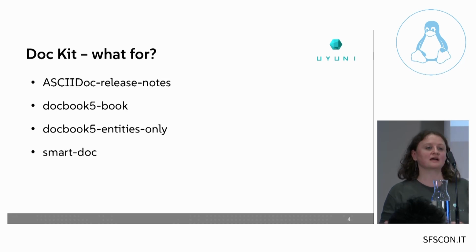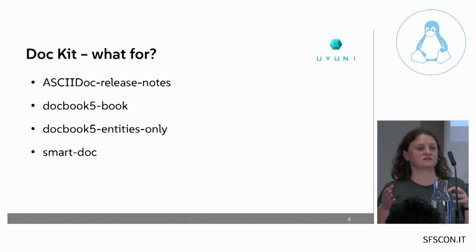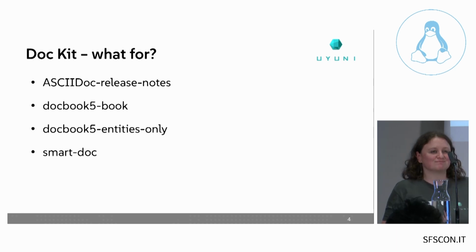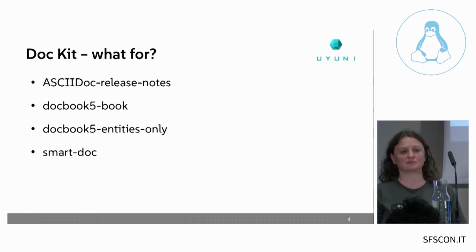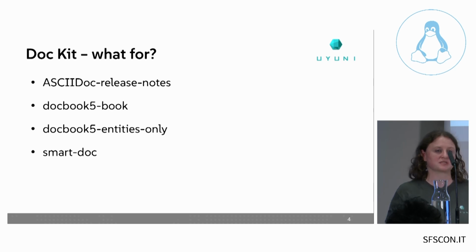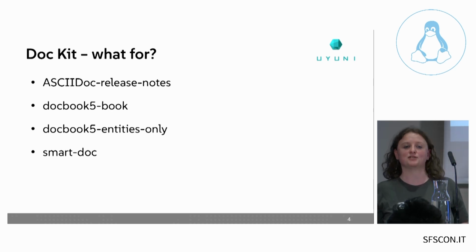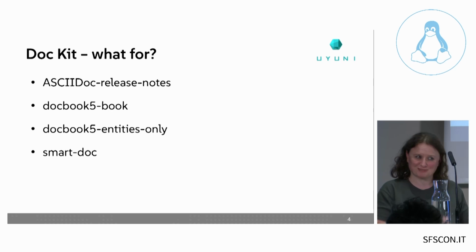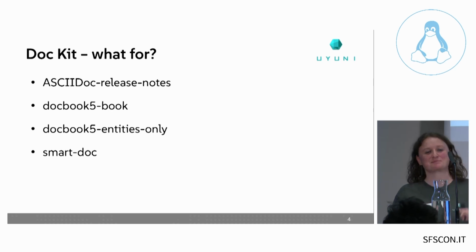Then there is also the last category that is called Smart Doc. This is something specific that SUSE is using, and it's a different kind of documentation, so it's not the usual user manual, but something more focused on a specific task. Those kinds of documentation are helpful for users that don't want to read hundreds of pages of your great, marvelous documentation, but want to go into a specific topic.